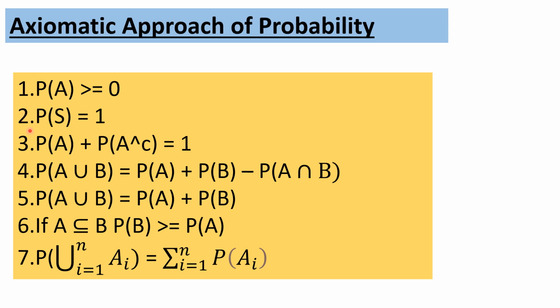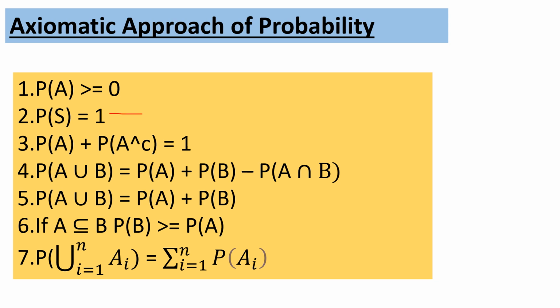And the second axiom is: probability of S is equal to 1. Here S denotes the sample space. The probability of the sample space should always be equal to 1. And we have an example for it.